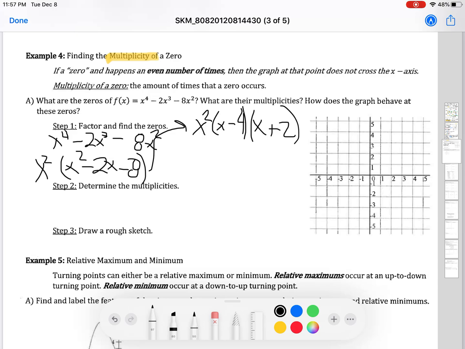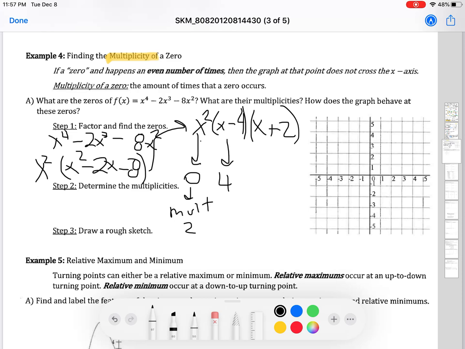Now here's what happens, depending on how many I have. See how the exponent for the x is a 2? That means the actual answer is 0, but its multiplicity is 2.